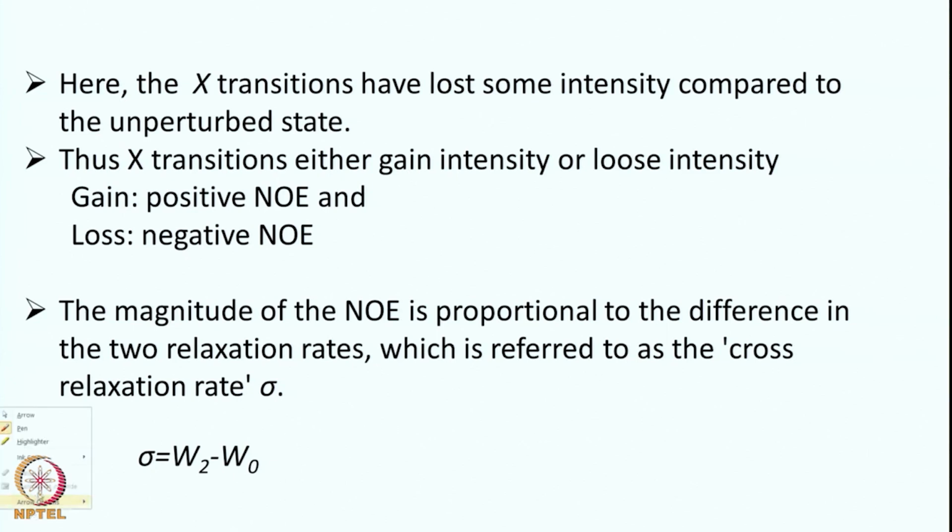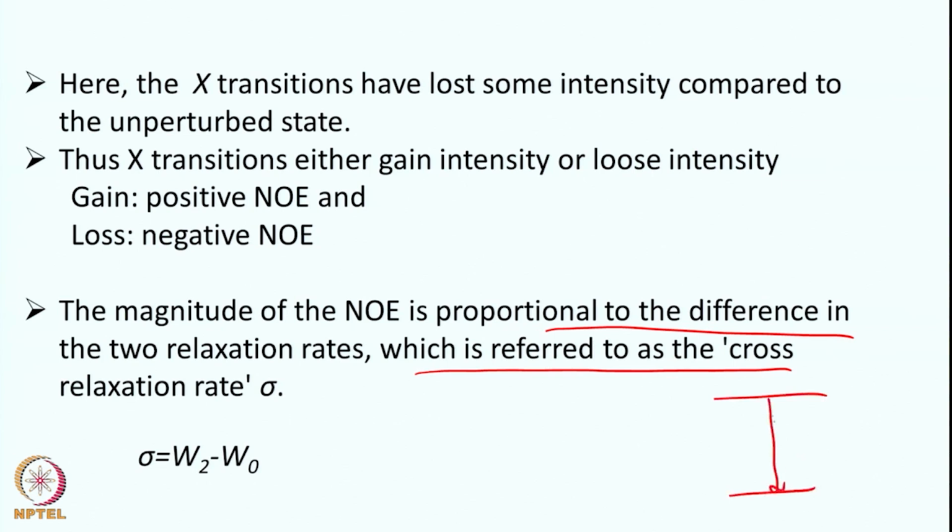Now, the magnitude of the NOE, as we know, is proportional to the difference in the two relaxation rates, which is referred to as the cross relaxation rate. So what are those two relaxation rates? This omega 2, which is between state 1 and 4, and here omega 0, which is between state 3 and 2.